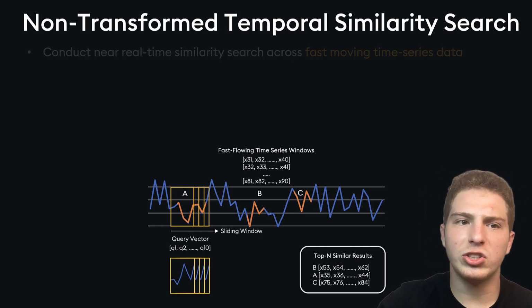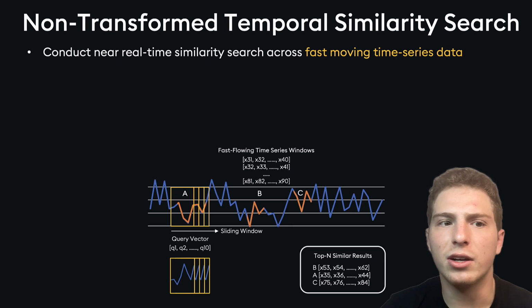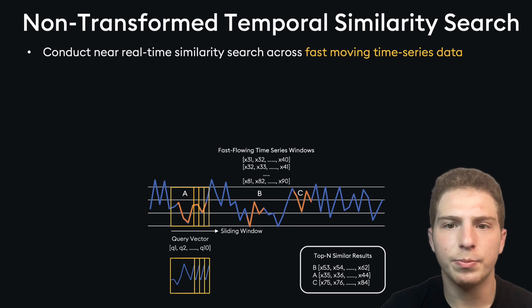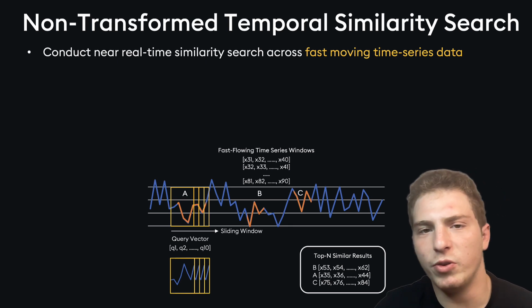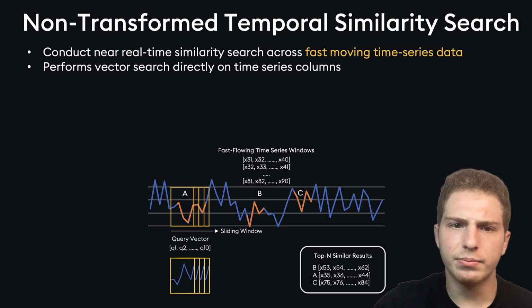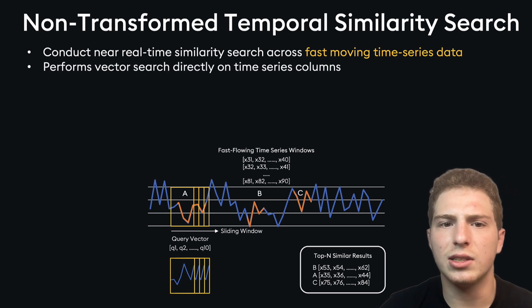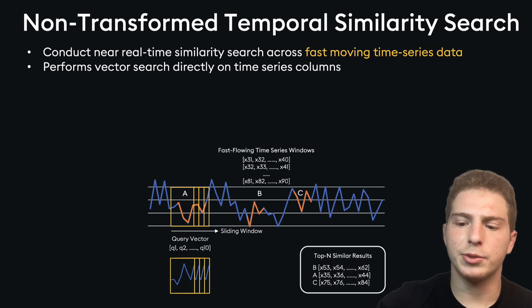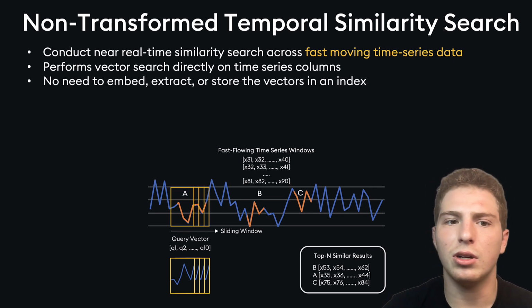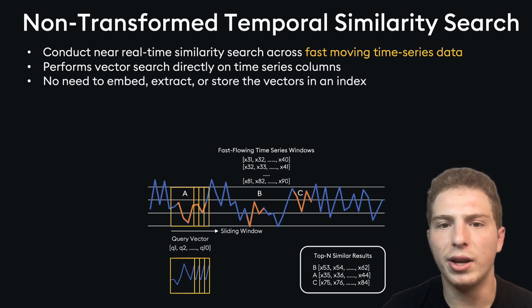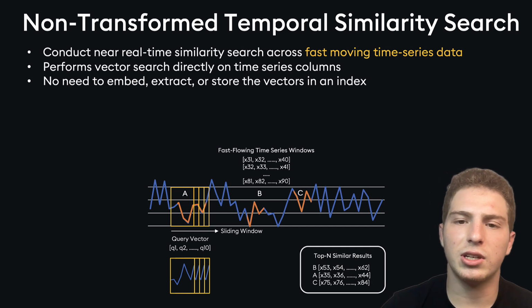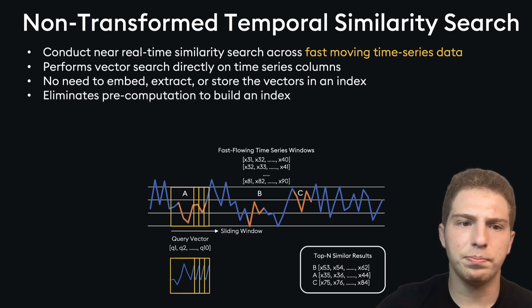Non-transformed temporal similarity search can conduct near real-time similarity search across very fast-moving time series data. It does this by performing vector search directly on time series columns. That means there's no need to embed or compress the vectors in an index, for example.